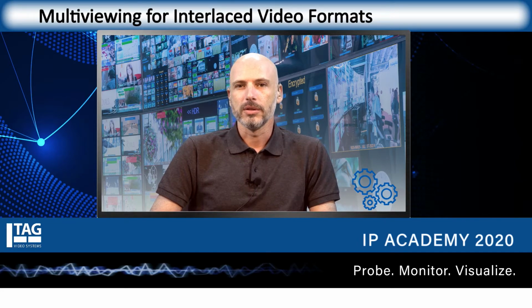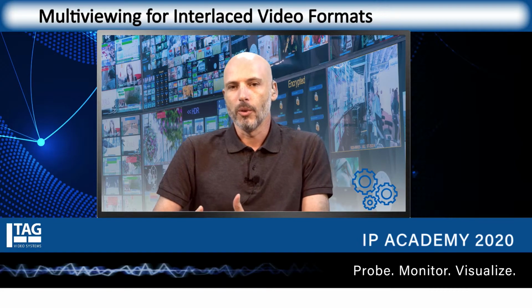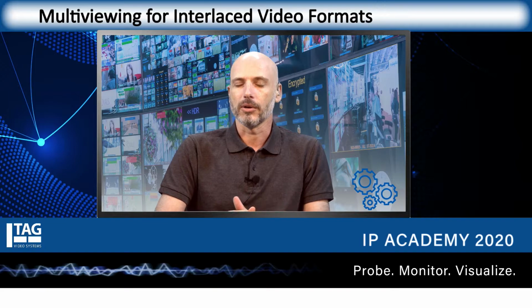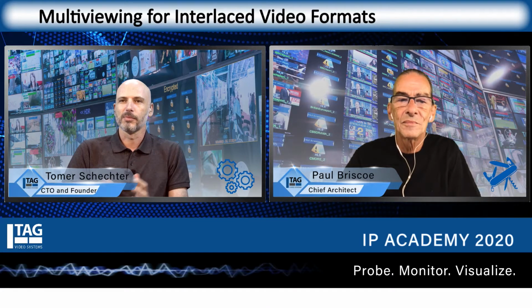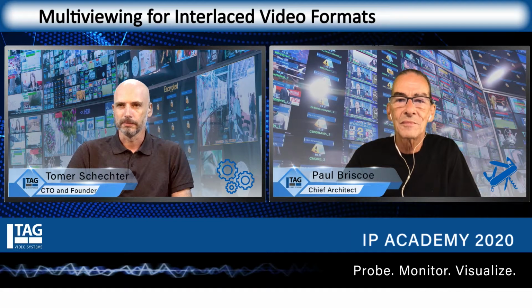The reason to do it is you can just use equipment which supports only interlaced carriers, and you still can push progressive frames over it. In reality, if you really try to display those frames, then you'll have lots of jitter and stuff, because it's not really based on fields. But it is a progressive frame which is sitting in an interlaced carrier. As long as the two sides of the transmission know about it, it works quite well.